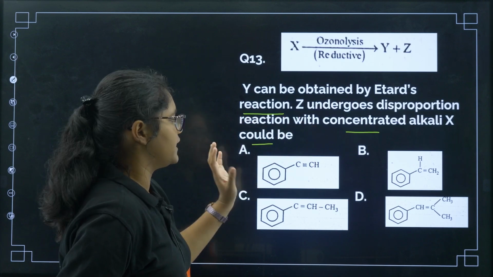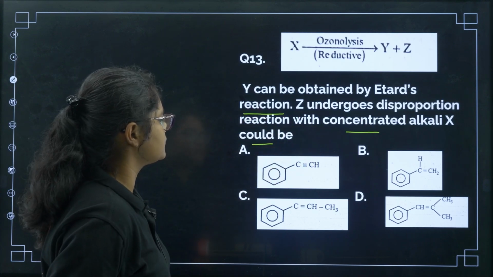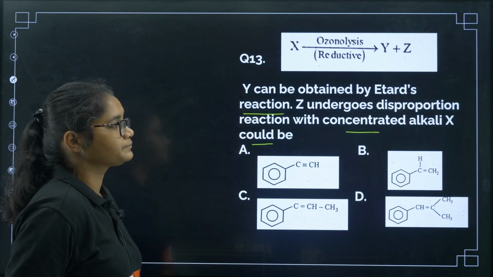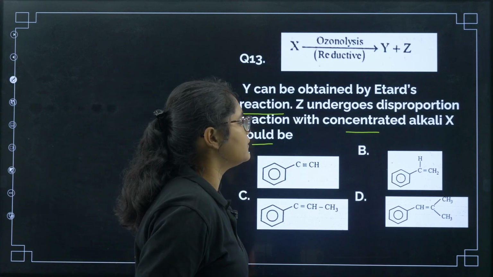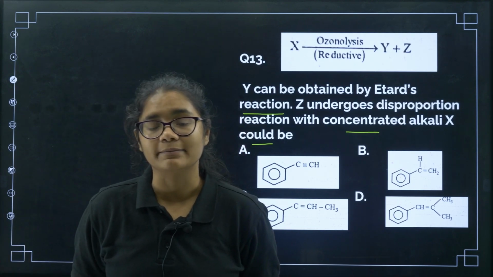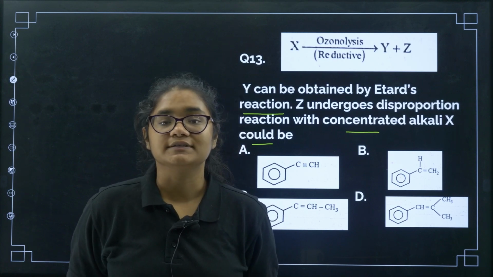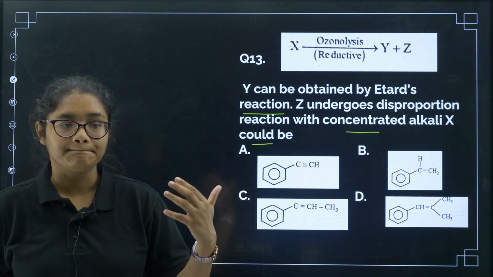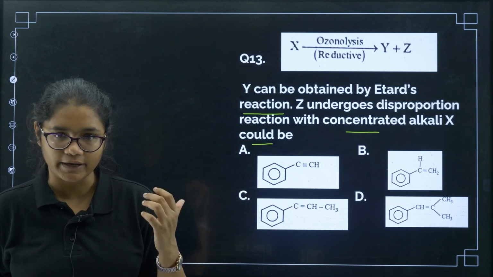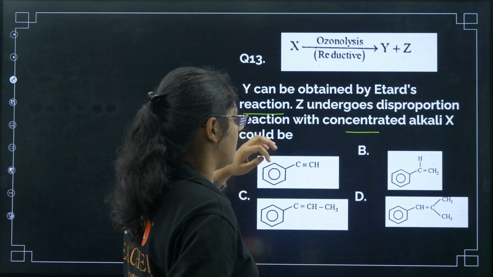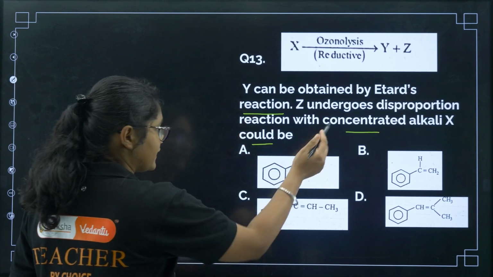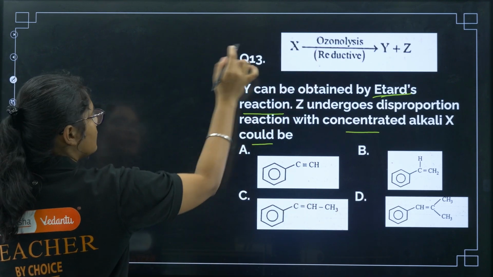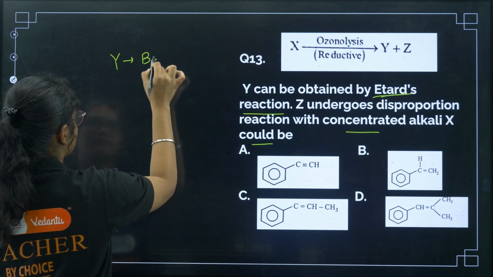Z undergoes disproportionation reaction with concentrated alkali, and that means it is a Cannizzaro reaction, right? So Z should be something which does not have alpha hydrogen. And the Etard reaction gives benzaldehyde, so Y is nothing but benzaldehyde.